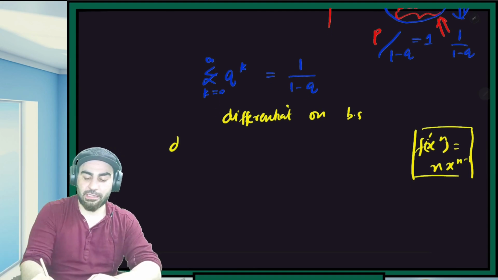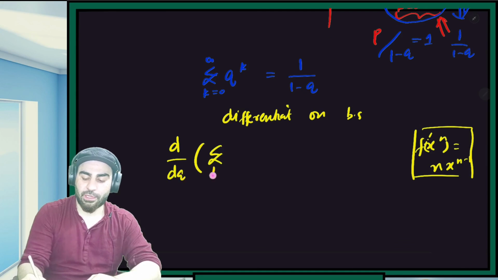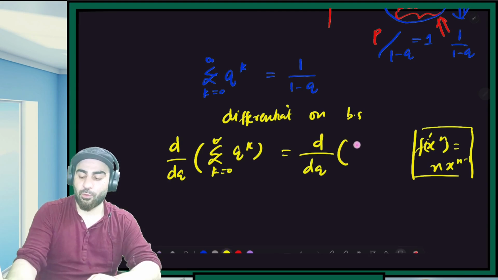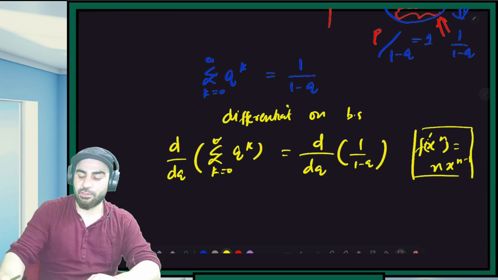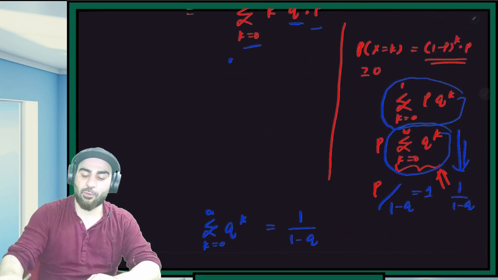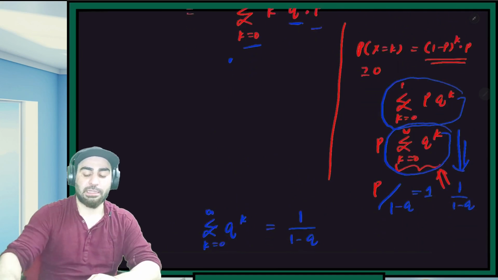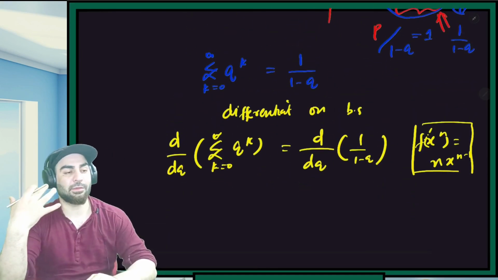So I'll say d by dq of the summation of q^k, where k is equal to 0 to infinity, equals d by dq of 1 divided by 1 minus q. I'll differentiate it because I want this in this format. I took this q^k and I want this k to be in the front. That's why I differentiated. I'm also giving you the rationale while proving these things.